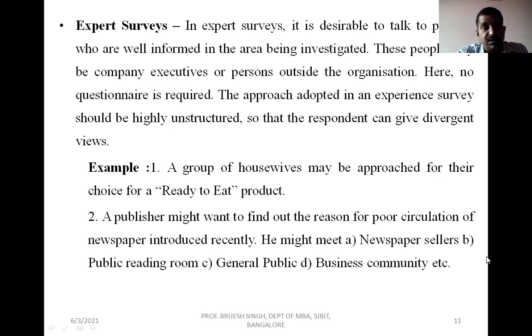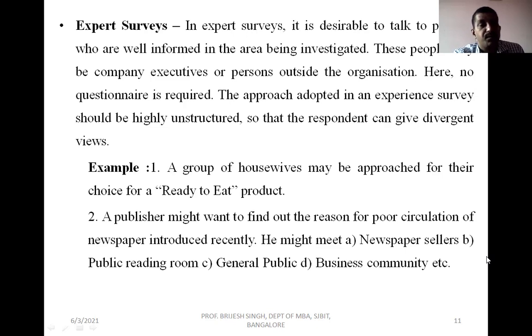This approach is adopted as an experience survey, which is highly unstructured in nature, so that respondents can give divergent views. One person can give views which may not match another expert. Based on their own experience they give you their views, and it is finally left to you to decide which one is more suitable for your organization.